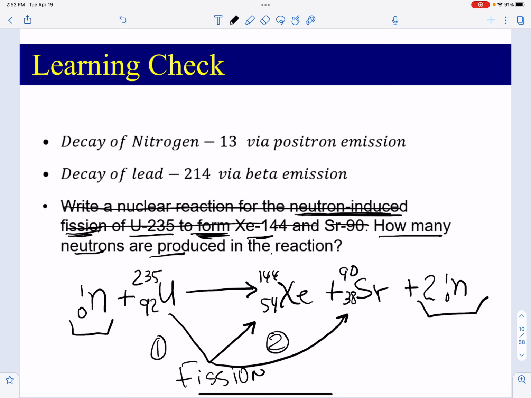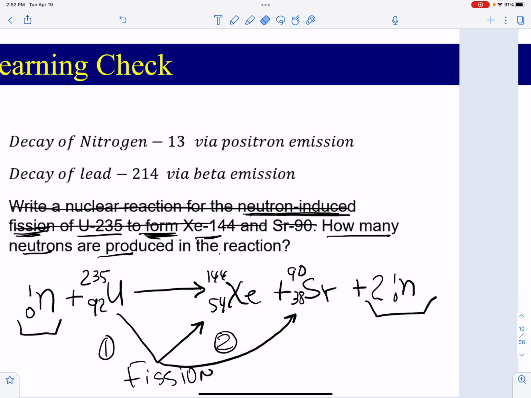So that's what we're going to call a chain reaction. A chain reaction is when one fission incident produces exponentially a bunch of the same processes, which is how a nuclear bomb works.